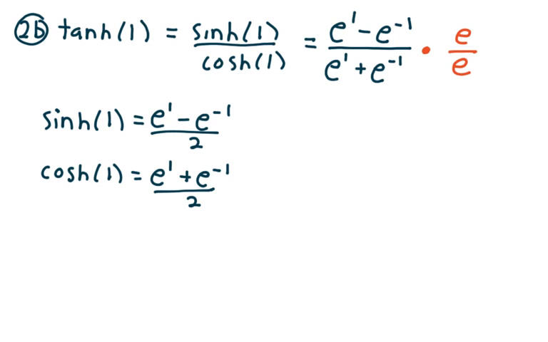And when I do that, I get the following. I get hyperbolic tangent of 1 is e squared minus 1 divided by e squared plus 1. And that's 2b.